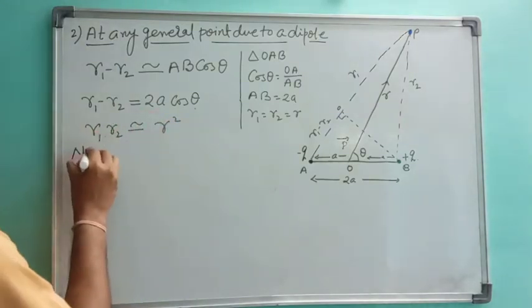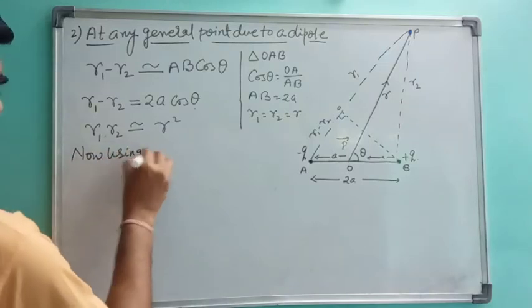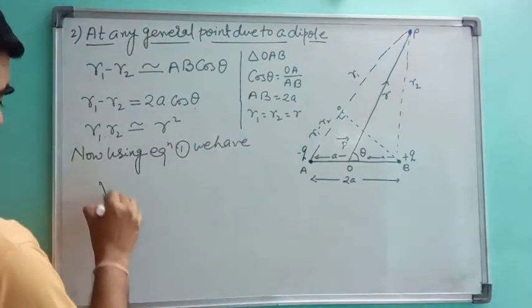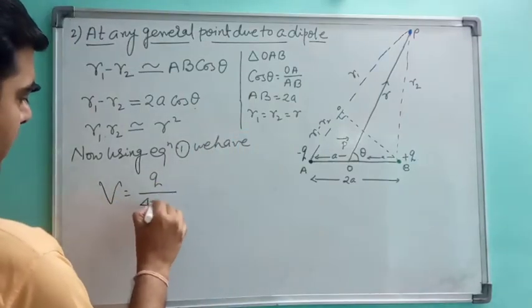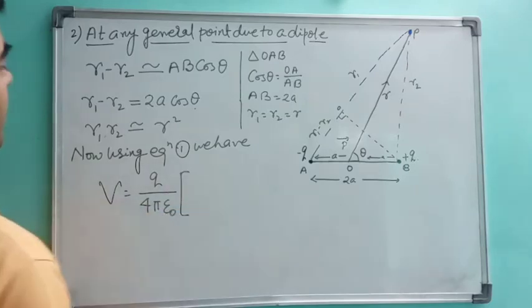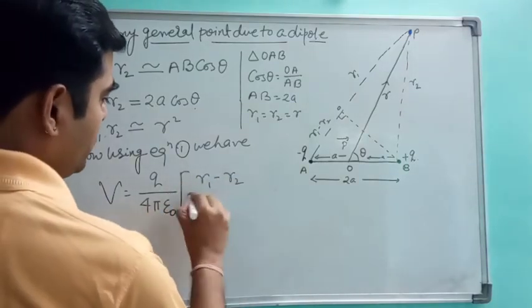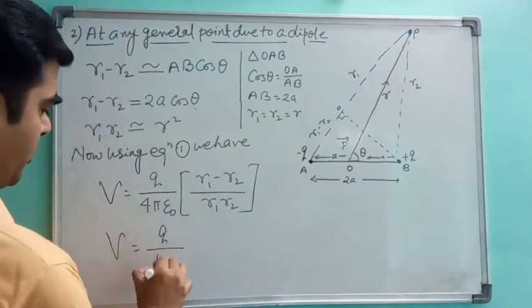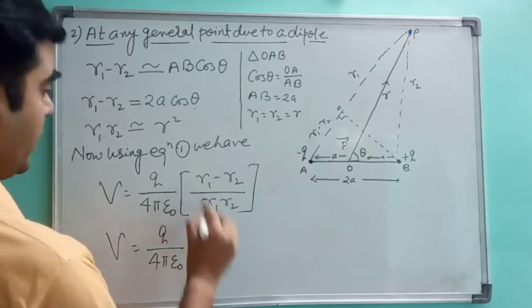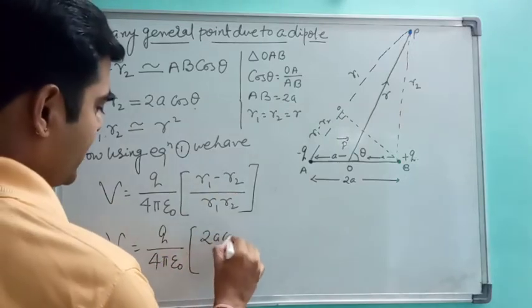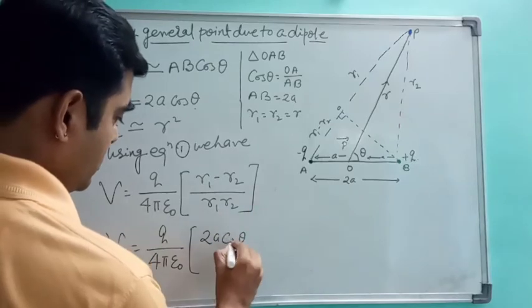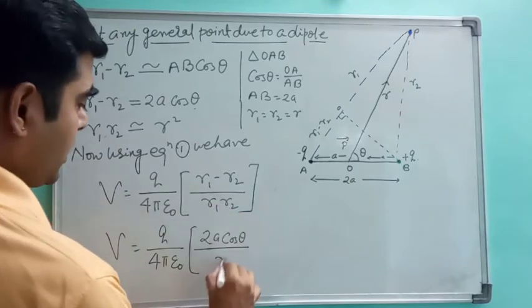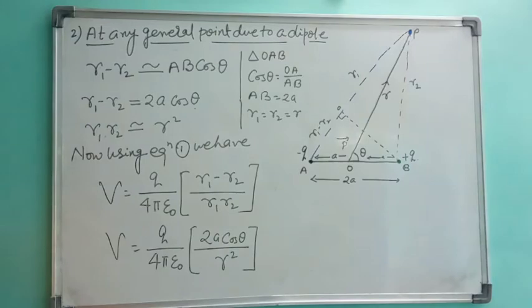Now using the first equation, we have V equal to Q upon 4 pi epsilon naught, and R1 minus R2 upon R1 R2. So V is equal to Q upon 4 pi epsilon naught, with R1 minus R2 replaced by 2a cos theta, and R1 R2 replaced by R square.